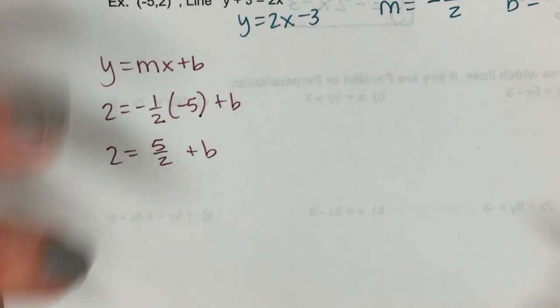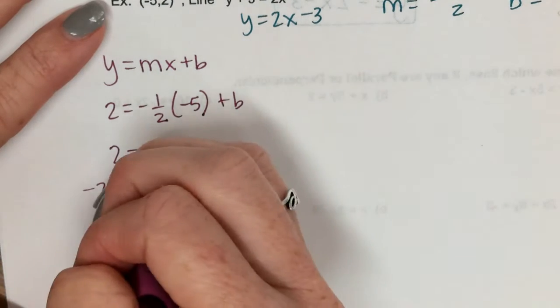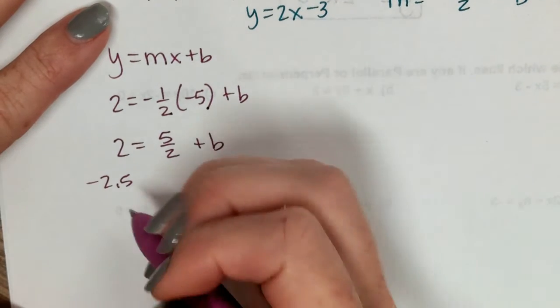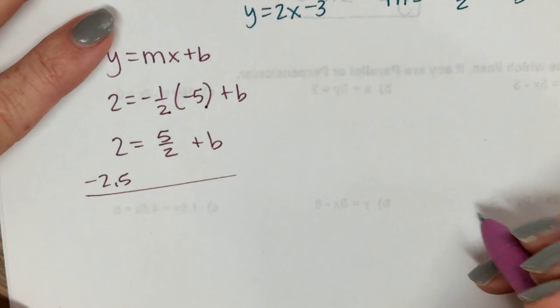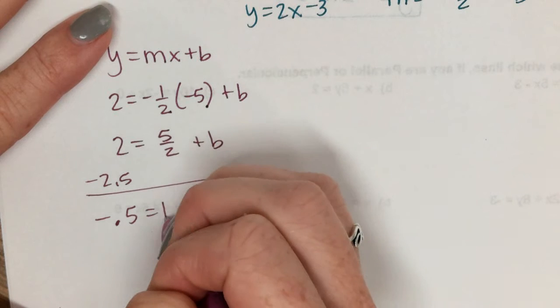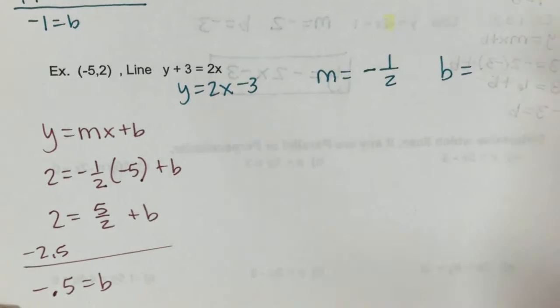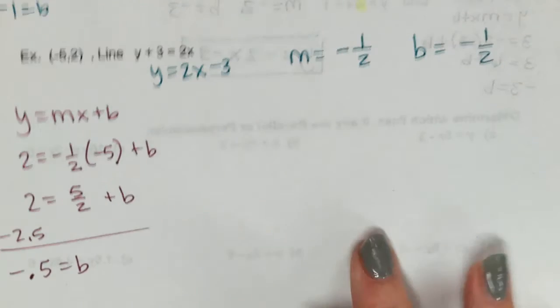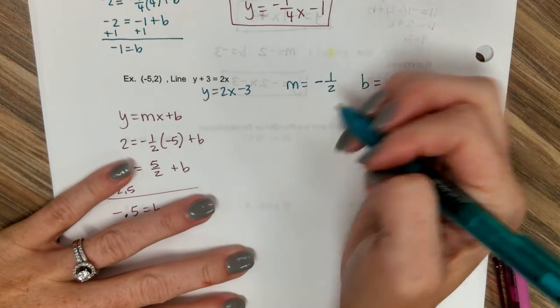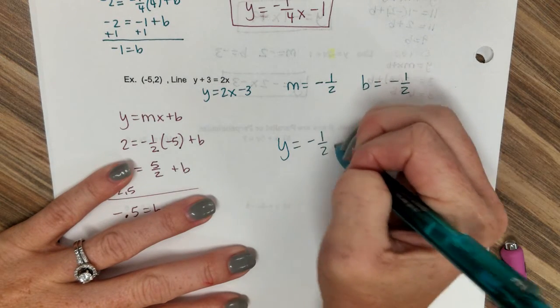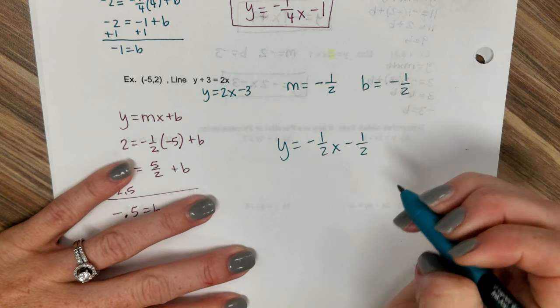Y'all know 5/2 is 2.5, right? Then I subtract 2.5 or 5/2. And 2 minus 2.5 is negative 0.5, or negative 1/2. So the b is negative 1/2. So my equation ends up y equals negative 1/2 x minus 1/2.